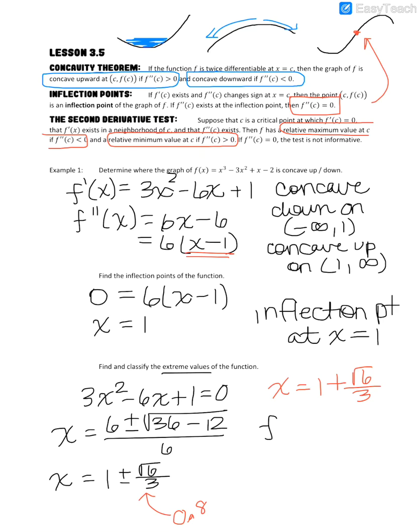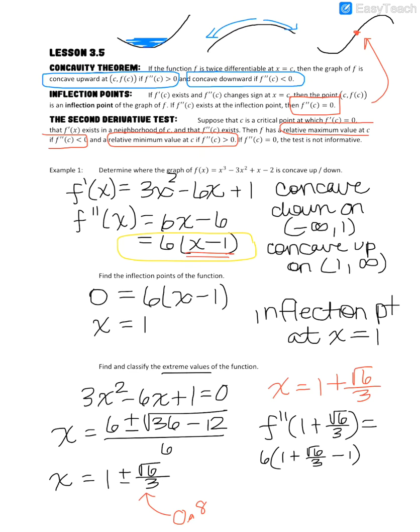So I get 6 times 1 plus radical 6 over 3 minus 1. If you forget, the second derivative is right here.